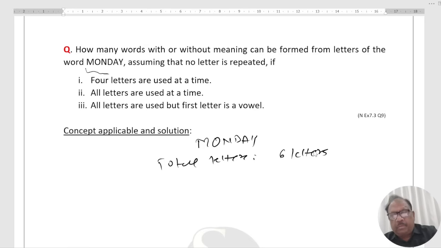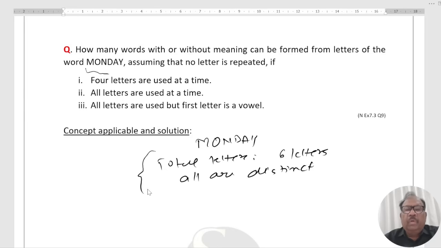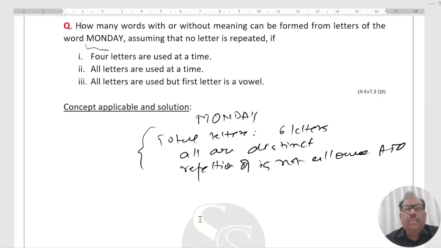Now, all are distinct. Repetition is not allowed according to the question.